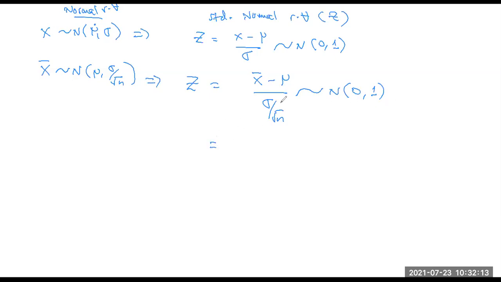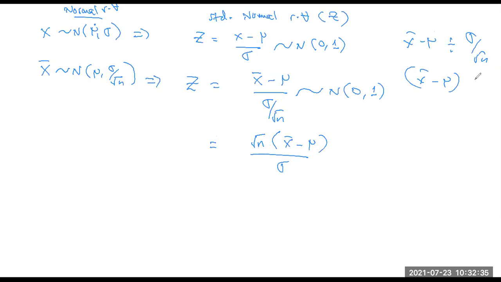So another way is, if you simplify that denominator, then you rationalize. So you have x bar minus mu divided by sigma over the square root of n, which gives x bar minus mu times square root of n by sigma.